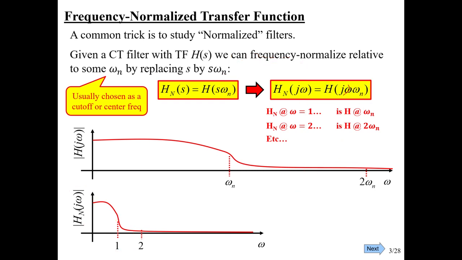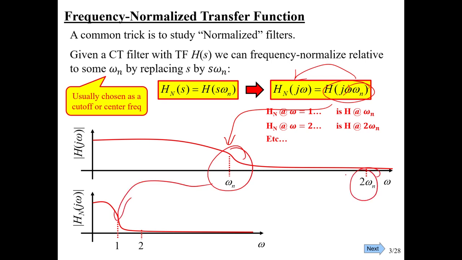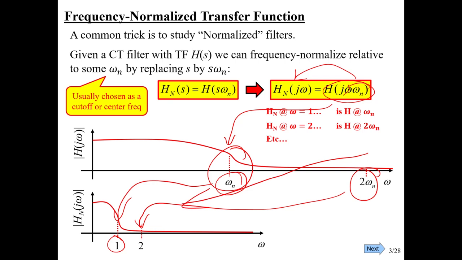Because if I put a 1 in here, I have H of omega sub n. So that's right here. That just says that this operation maps this point to this point, and it'll map 2 omega n to this. So basically, in this case where omega sub n is bigger than 1, which is usually the case, it just squishes this thing in with a linear scaling. Okay, so that's all it does.